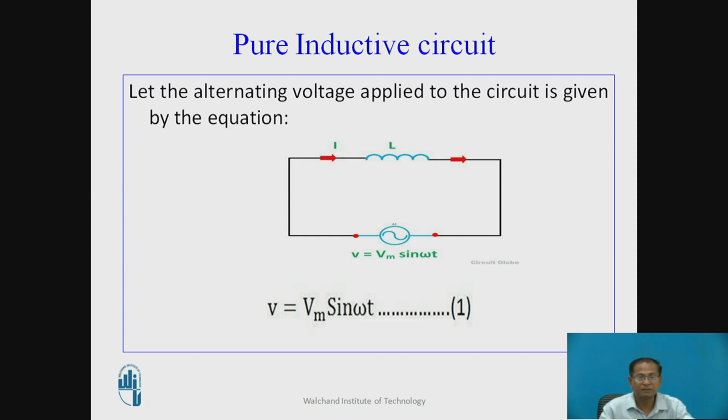Pure inductive circuit. Let the alternating voltage be applied to the circuit. Therefore, the alternating voltage is given by V is equal to Vm sin omega t. When the alternating voltage is applied across a purely inductive circuit, a back EMF is induced.